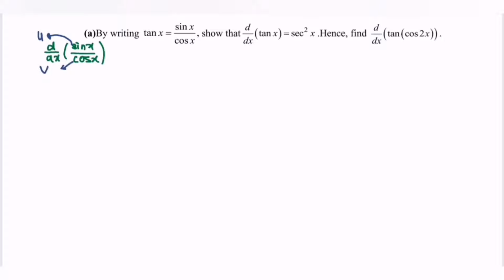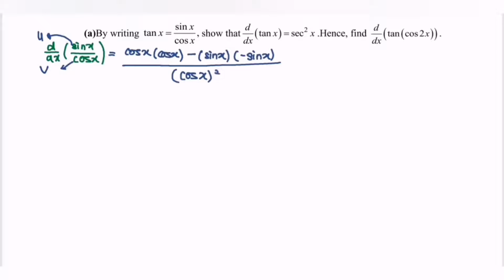By using the quotient rule, we have v, which is cos x, times the derivative of sine x, which is cos x, minus u, where u is sine x, times the derivative of v, which is negative sine x, over v squared, where we have cos x bracket square.